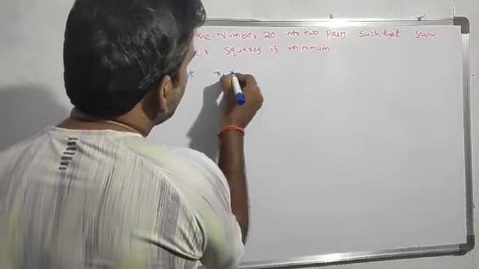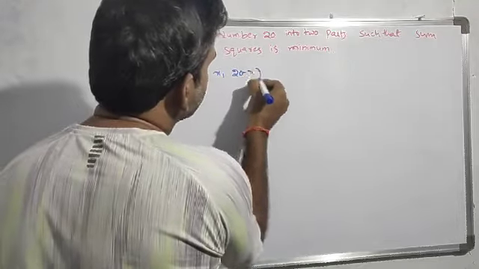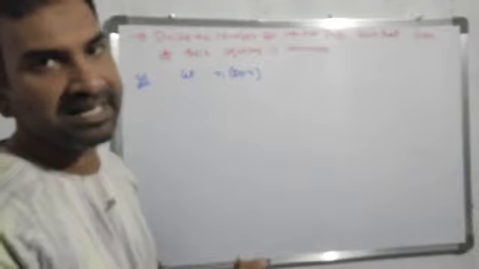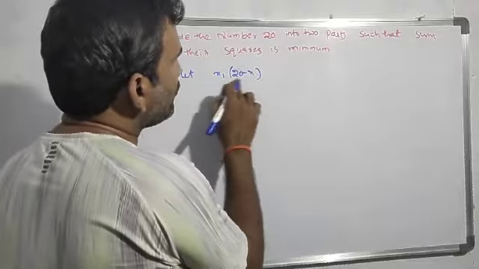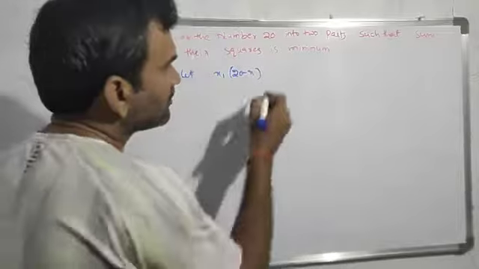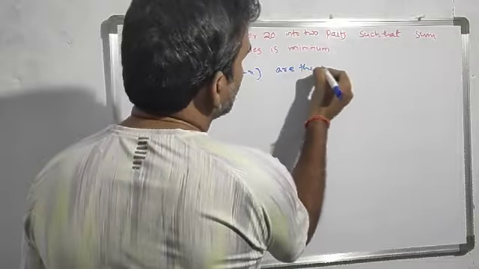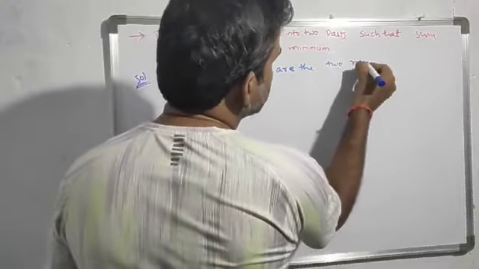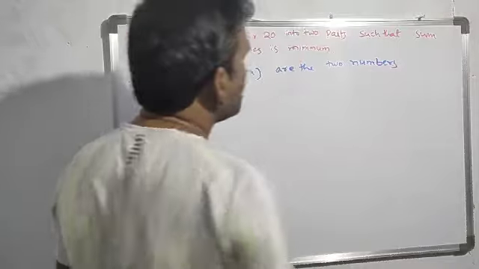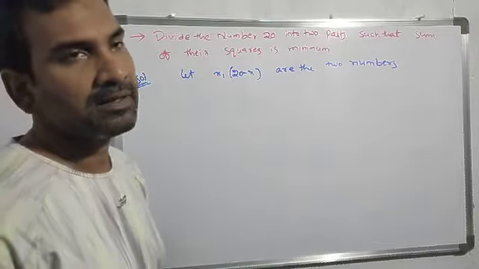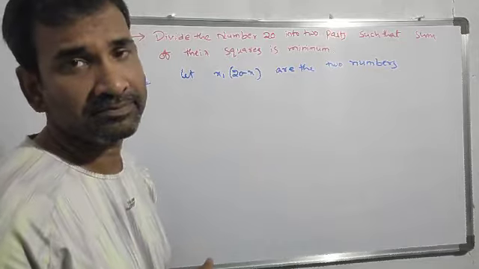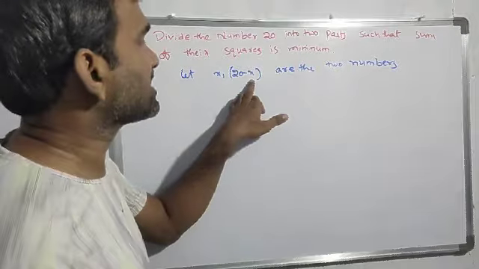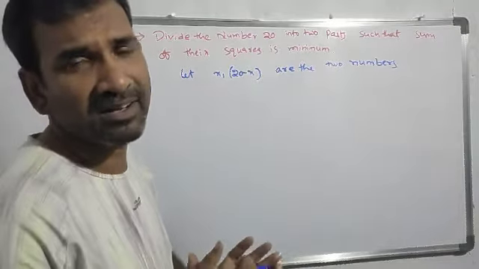Let the two numbers be x and 20 minus x. Some persons take x and y with x plus y equal to 20, so y equals 20 minus x, but here I am directly taking x and 20 minus x.